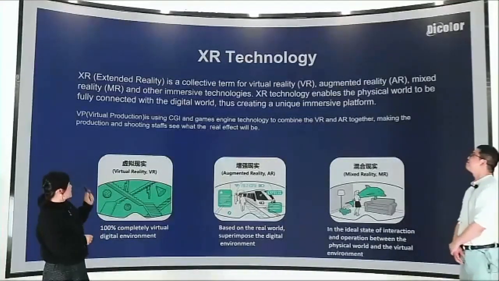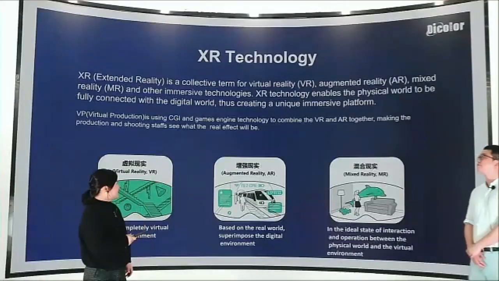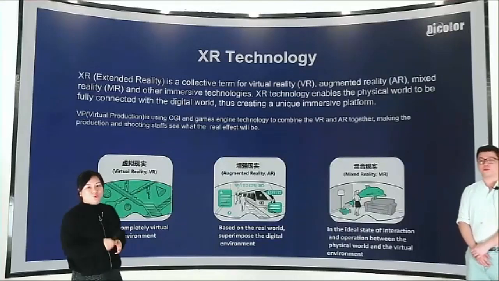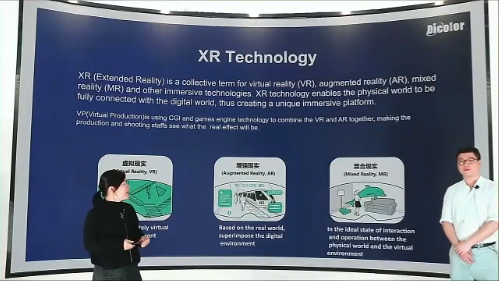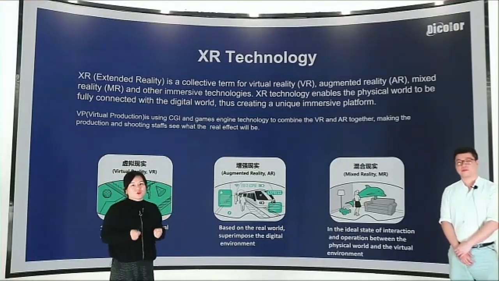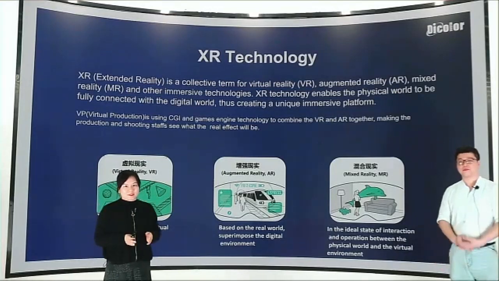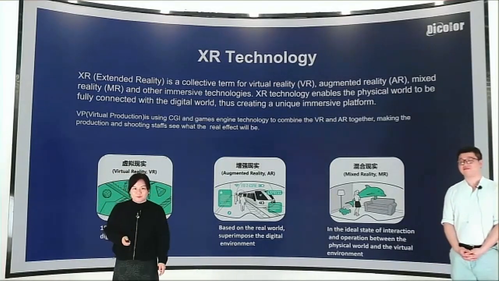It is a connective term for VR, AR, MR, and of course some other immersive technologies. So it enables the physical world to be fully connected with the digital world, thus creating a unique immersive platform.